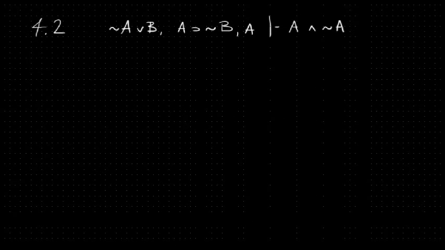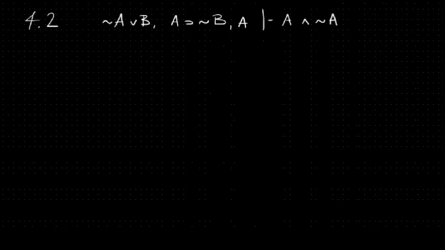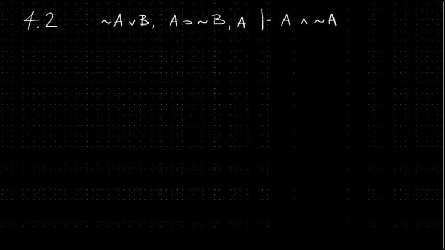Let's move on to look at 4.2. So, not A or B, A then not B, and A, therefore A and not A is our sequence that we're going to try and prove. Again, let's draw in everything we can just from that sequence.